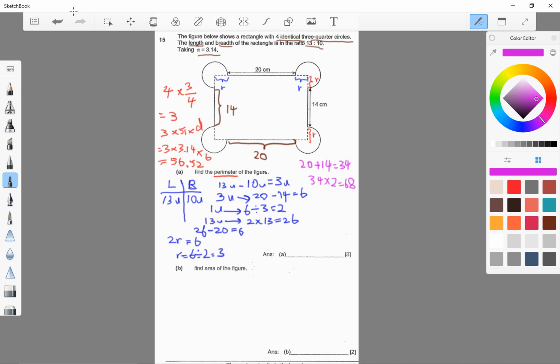And all I need to do right now is to add 68 to 56.52, which is basically the circumference of 3 whole circles. And having done that, 68 plus 56.52, or rather 56.52 plus 68 as shown on the screen, this will get us to 124.52.